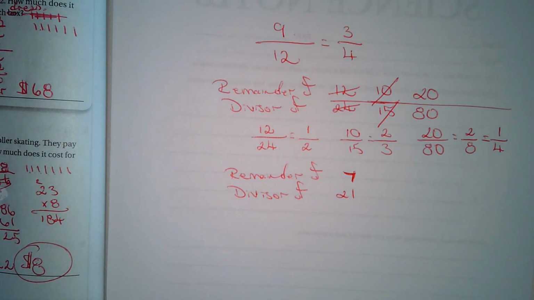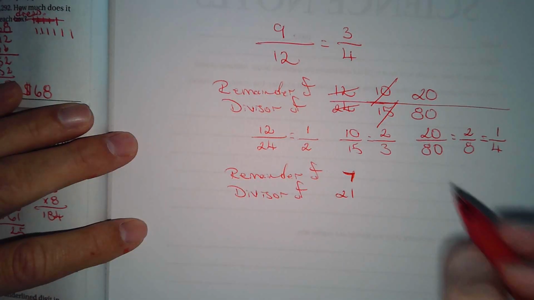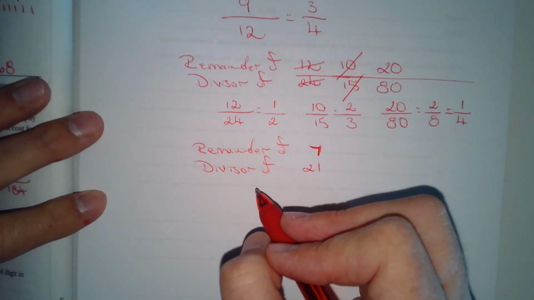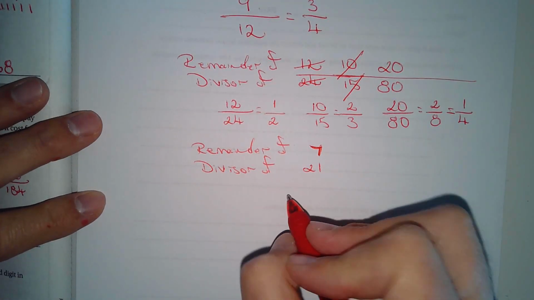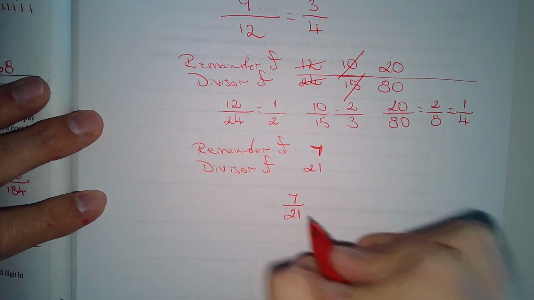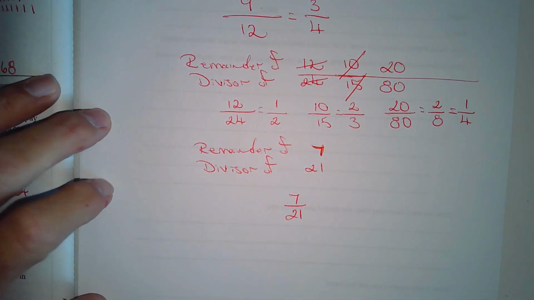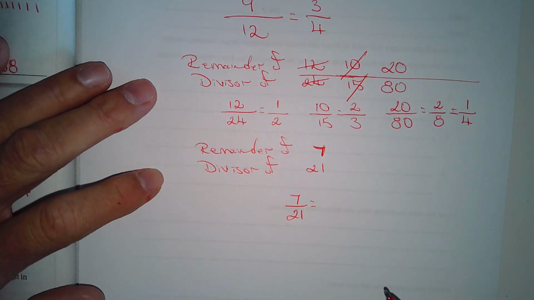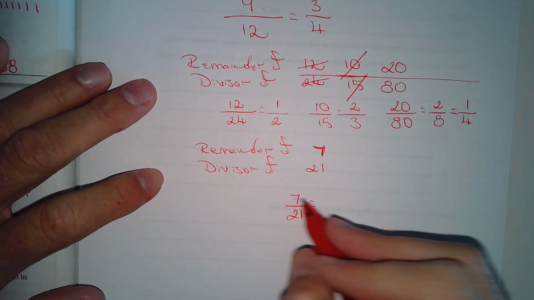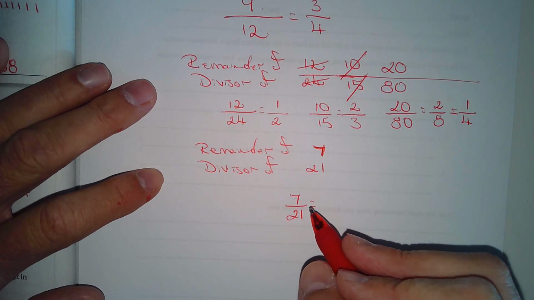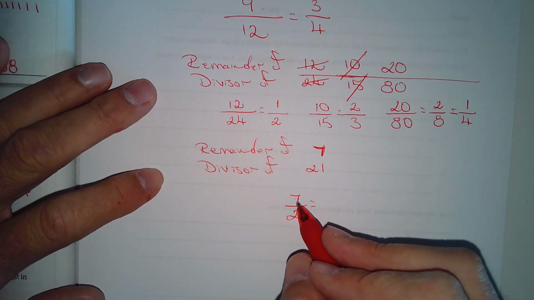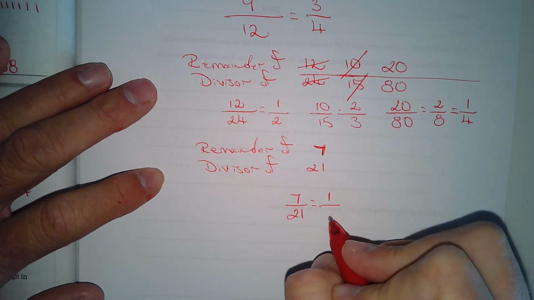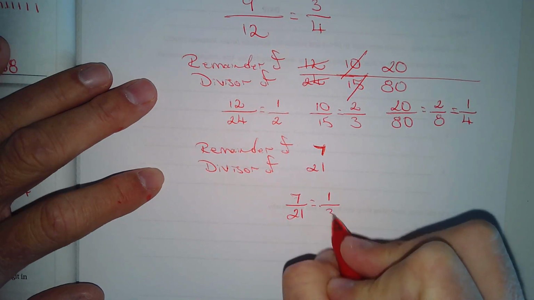Miss Reyes, how would I set that up? Thank you. It's pretty easy. Now, is there a number that will both go into 7 and 21? 3? Well, 3 doesn't fit into 7 evenly. 7, yeah, 7 will. So 7 goes into 7 how many times? Once. 7 goes into 21 how many times? 3 times. Okay, nicely done.